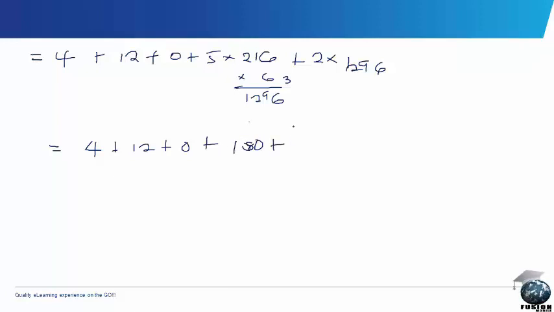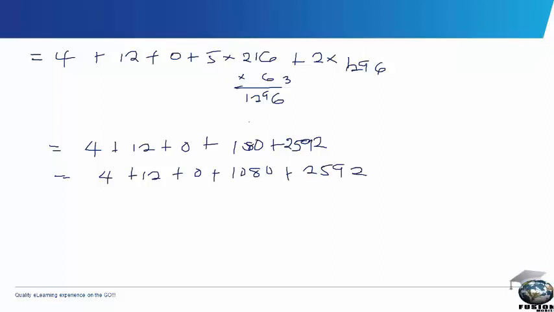Plus you have 2 times 6 is 12, 2 times 9 is 18, plus 1 is 19, and then I still carry my 1. 2 times 2 is 4, plus 1 you have 5, and then 2 times 1 is 2. All right, good. That means from this line we have 4 plus 12 plus 0 plus 1080 plus 2592.